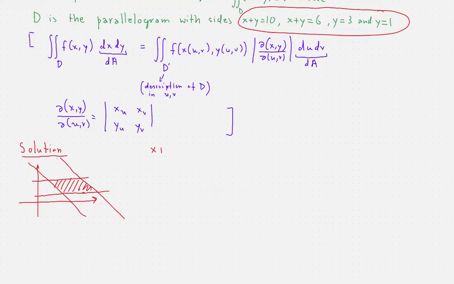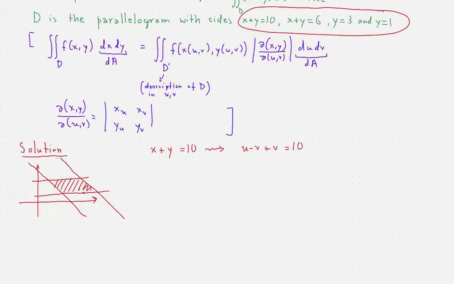So, for example, if I take the x plus y equals 10 line, and now I replace x by u minus v and y by v, which is how x and y are expressed in terms of u and v, then I simply get u equals 10.